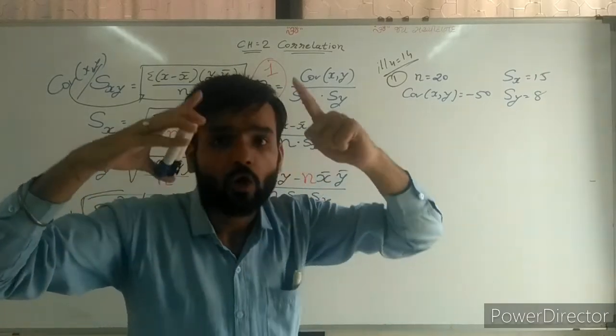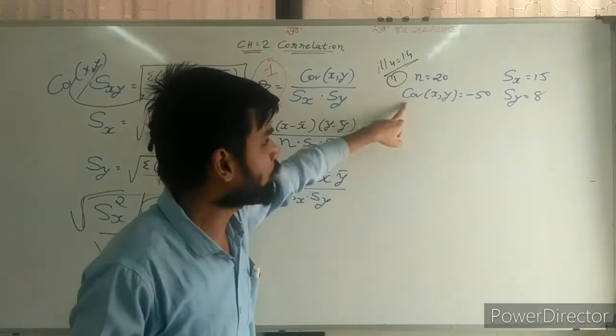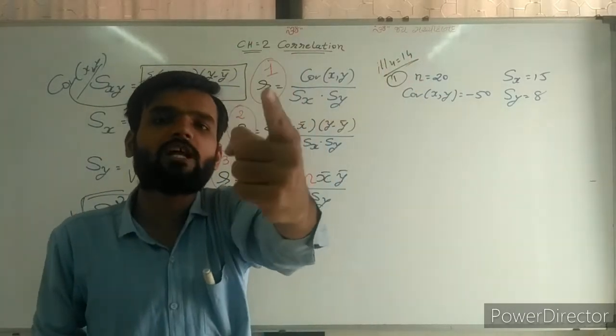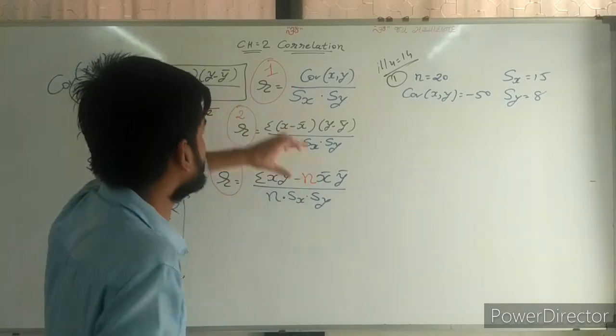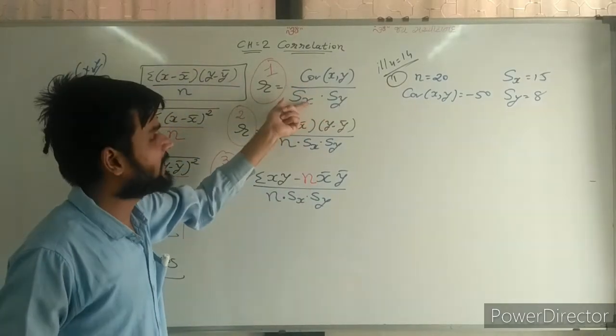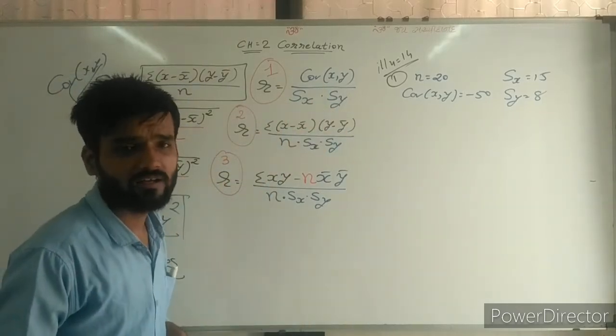Now think, which formula is applicable to find the correlation coefficient? Sir, there is only one formula in which covariance of xy is used: covariance of xy divided by sx into sy. This is the formula.